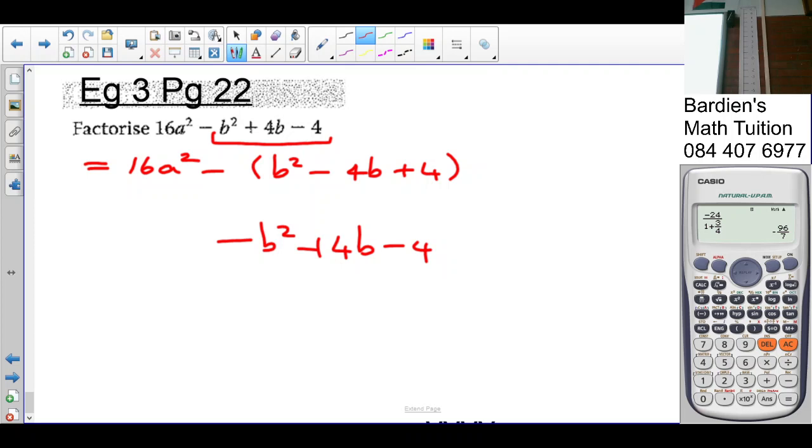Now what? Now do your thing. What did you do to change it? You see, I factorized the negative. I took the negative out as a common factor from that trinomial. Right.